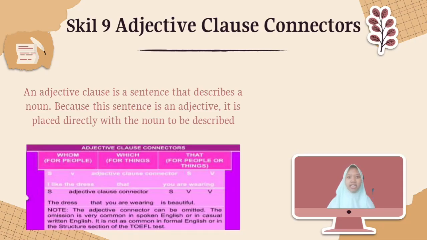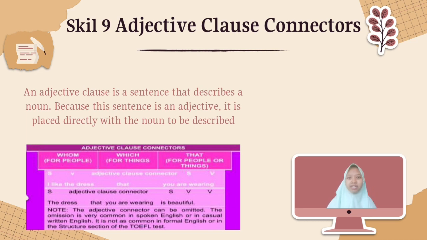Skill 9. Adjective clause connector. An adjective clause is a sentence that describes a noun because the sentence is an adjective. It is separate from the declarative sentence with the noun being described. The connectors consist of who for people, which for things, and that for people and for things.